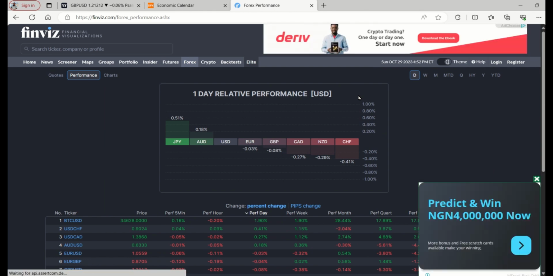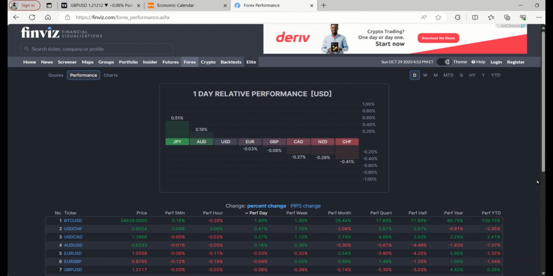And why do you need to check and compare the strength? The essence is to compare the strengths and weaknesses of each currency you are trying to analyze. This can be done through tools like the currency meter. This is the currency meter.